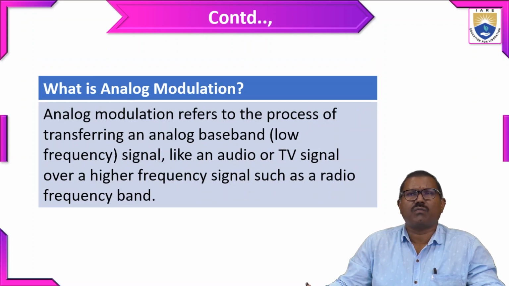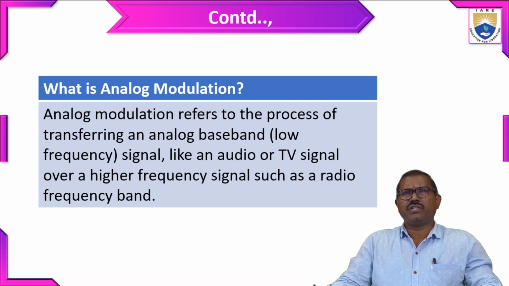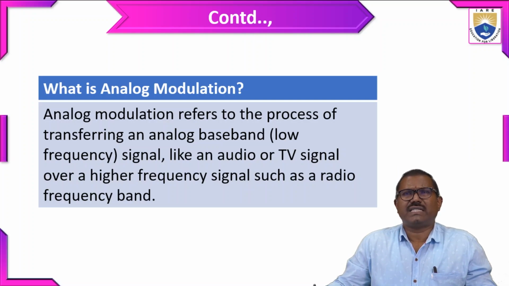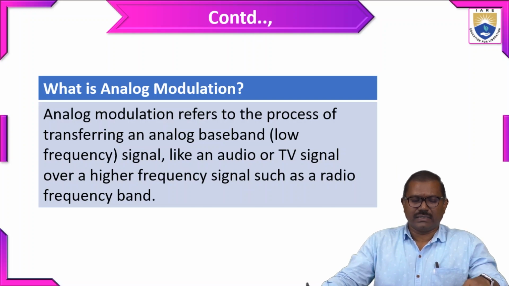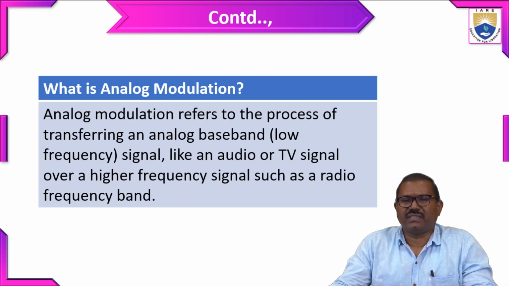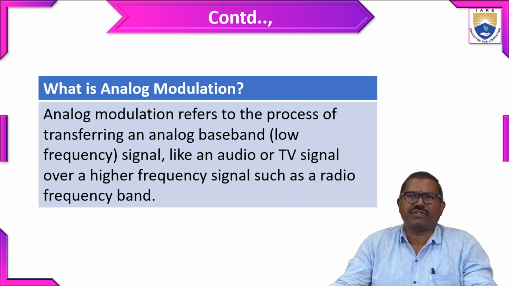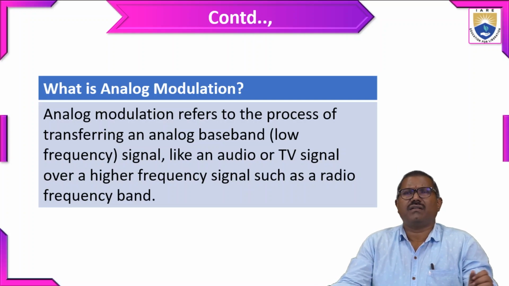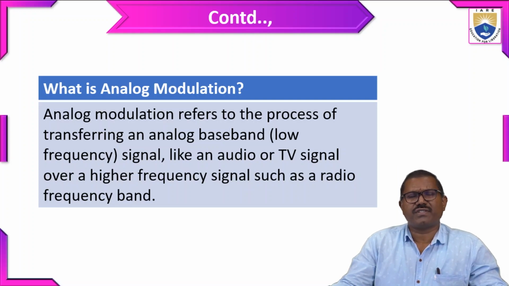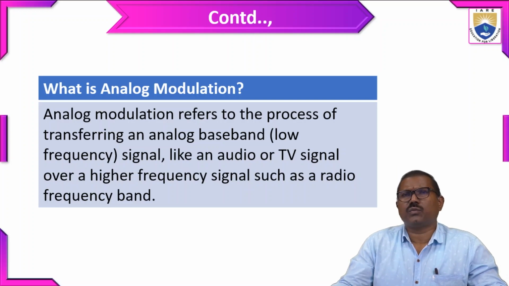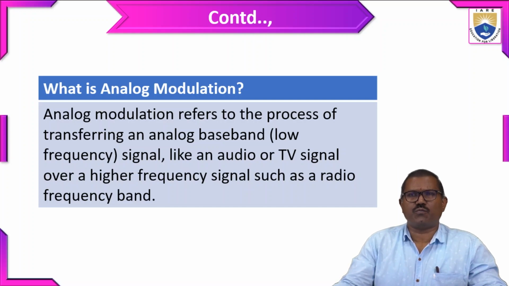Now, what is analog modulation? Analog modulation refers to the process of transferring an analog baseband signal, like an audio or TV signal, over a higher frequency signal such as a radio frequency band. We have already seen analog modulation: amplitude modulation and frequency modulation come under it.